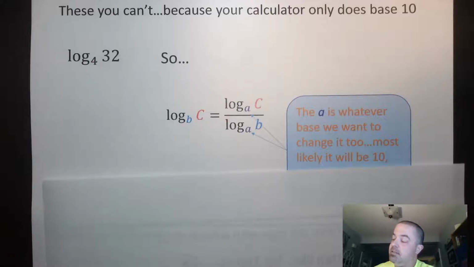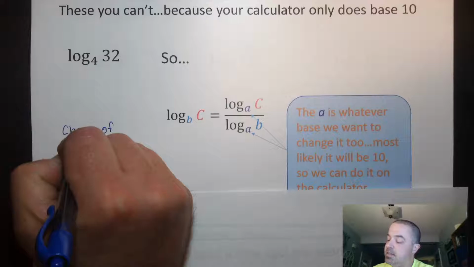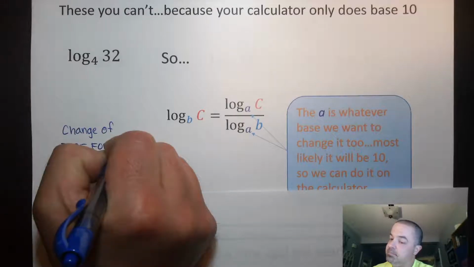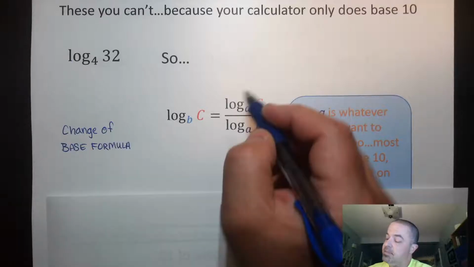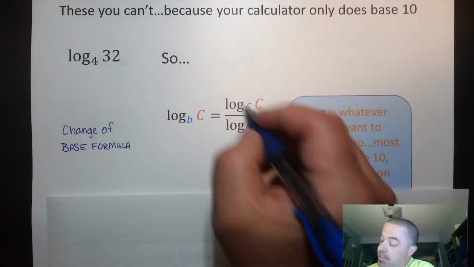Okay? Change of base formula. Alright? And it's fairly simple. So this A here is the base you want to change it to. Okay? So in other words, for us on the calculator, this is going to be 10, so that I can do this on the calculator.